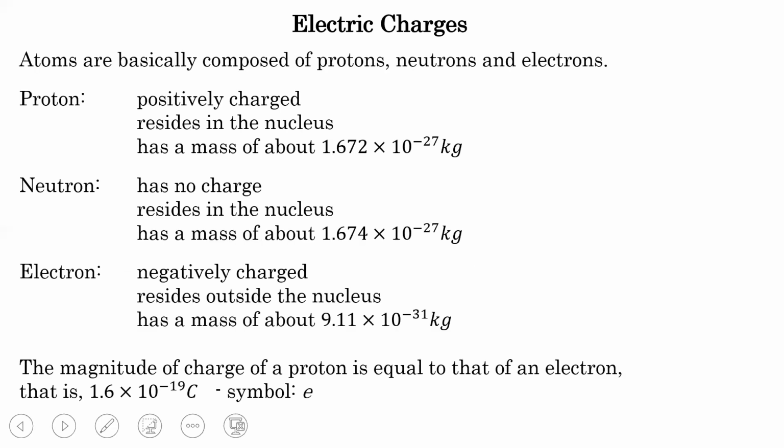So also we should remember that a proton has a positive charge, but a proton is very heavy compared to an electron. A proton is about 1,800 times heavier than an electron. So what that means is that electrons can be pictured as very light, responsible for the ability to move around easily and freely.